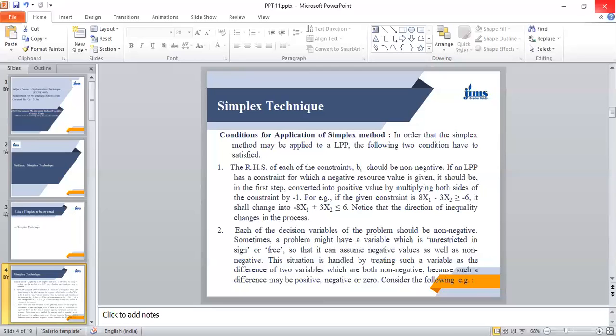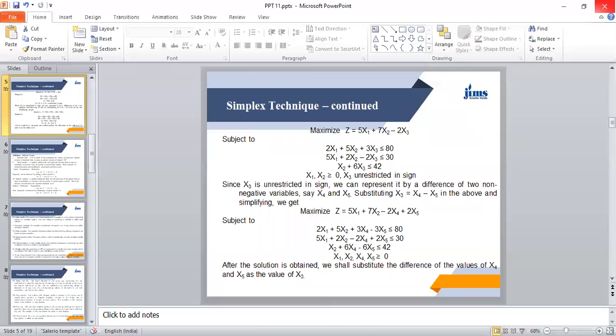For example, say in the problem, maximize z is equal to 5x1 plus 7x2 minus 2x3.